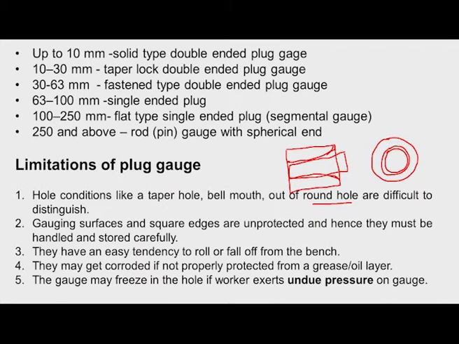Then gauging surfaces and square edges, that means the end of the plug gauge will be square. So these square edges are unprotected, they are open, and hence they must be handled and stored carefully. If the proper protective coating is not applied, the gauging surfaces may get corroded and they become unusable.